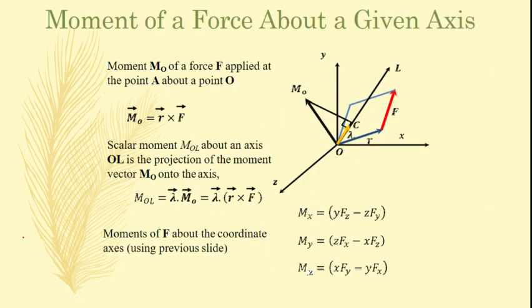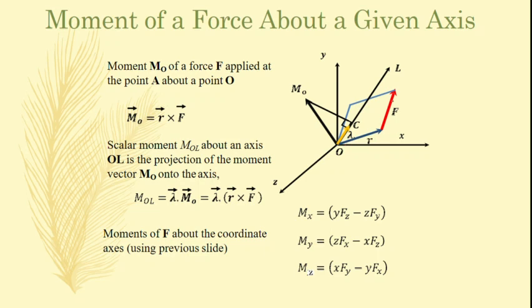Now if we want to calculate the moment of a force about any given axis, suppose first this one is the force vector F, and we want to calculate the moment about this point O. Then first we have to take the position vector, which is from O to the line of action of this force, that is r here.